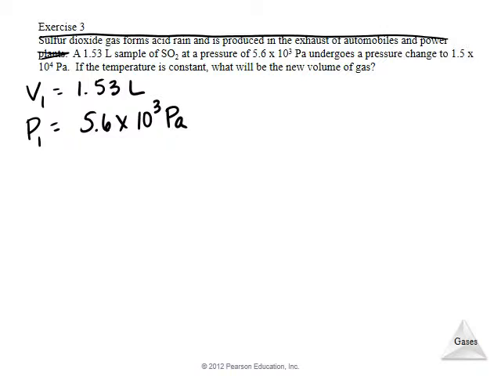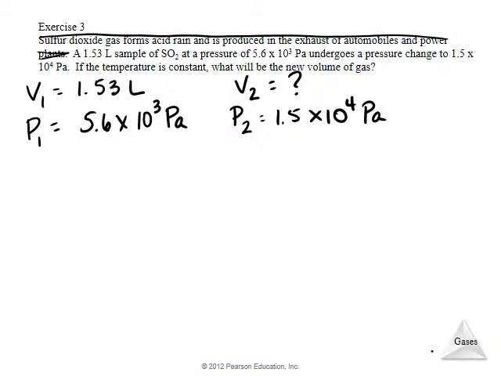Okay, it says it undergoes a pressure change. That's my P2. That's 1.5 times 10 to the 4th pascals. And it says if the temperature is constant, so that's not changing, I don't have to worry about the temperature. What will be the new volume of gas? V2 is what I'm looking for.